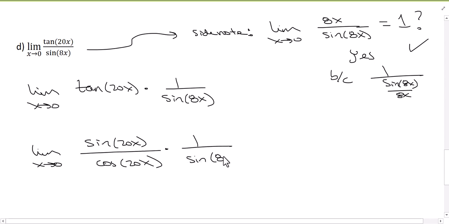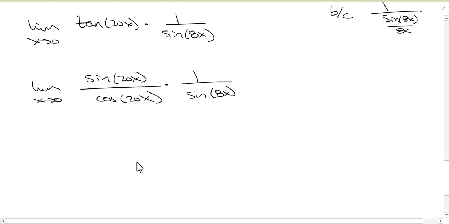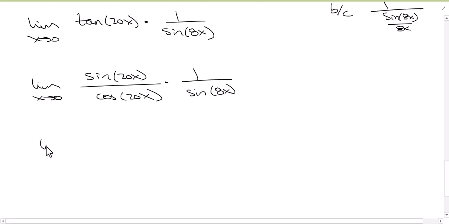So what am I trying to do? I'm trying to build something that has the sine 8x and the 8x on top, so I'm going to need an 8x over here. I'm trying to separate, but now I have sine of 20x, so I don't want that cosine 20x on the bottom, I just want 20x there. So I'm going to keep going and splitting these things up. I want the trig functions to be essentially by themselves.